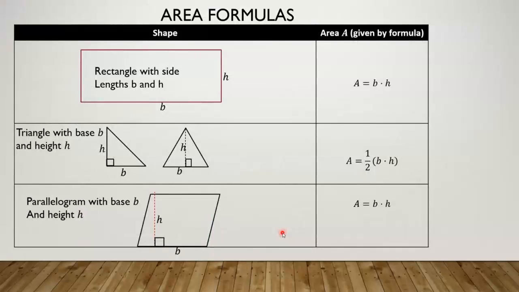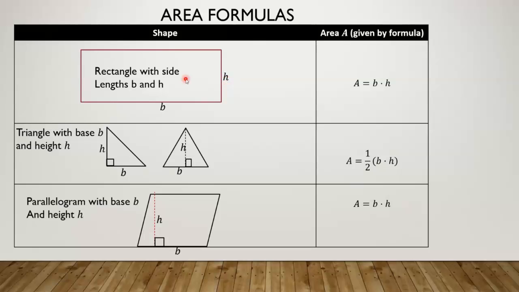Formulas. The formulas here actually give us the area of different polygons, different shapes, different two-dimensional figures. For instance, a rectangle where the base, or this side, has length b, and this side length we also call the height, h.